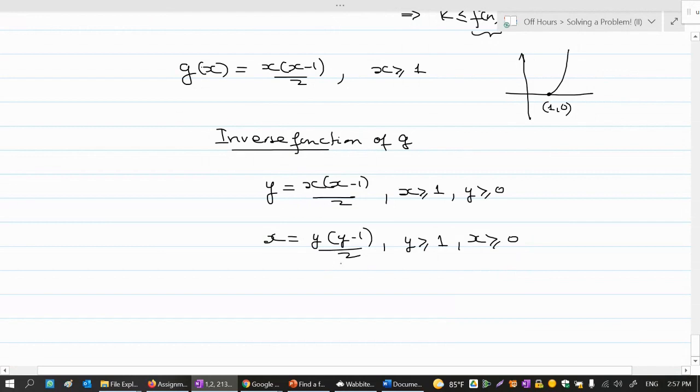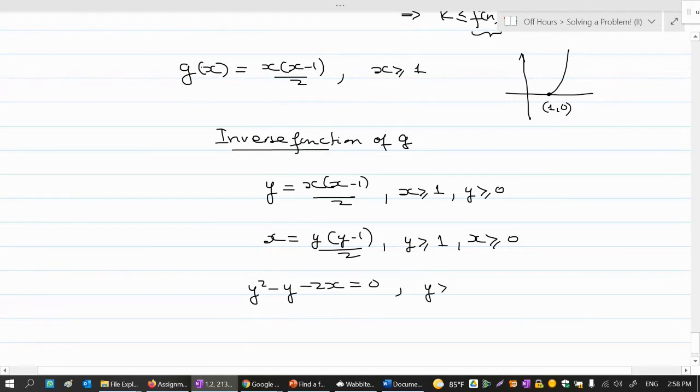Now what we have to do is solve this equation for y. After manipulating that equation, we can transform it into a quadratic equation. Multiplying both sides by 2, bringing all the terms to one side, and changing the signs if you need to, you get this equation.